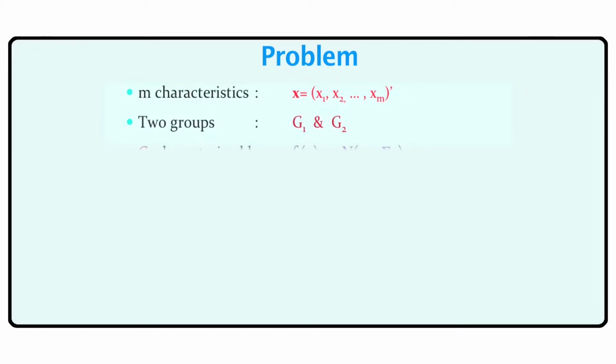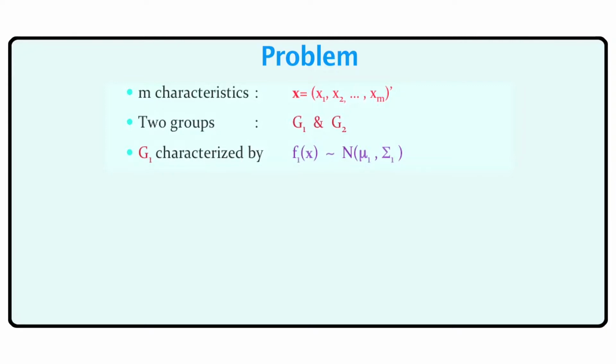Let us look into the problem of classifying individuals into one of two normal populations. Suppose there are m characteristics, given by x1, x2, ..., xm, which form the x vector. These are to be classified into one of two groups, G1 or G2.